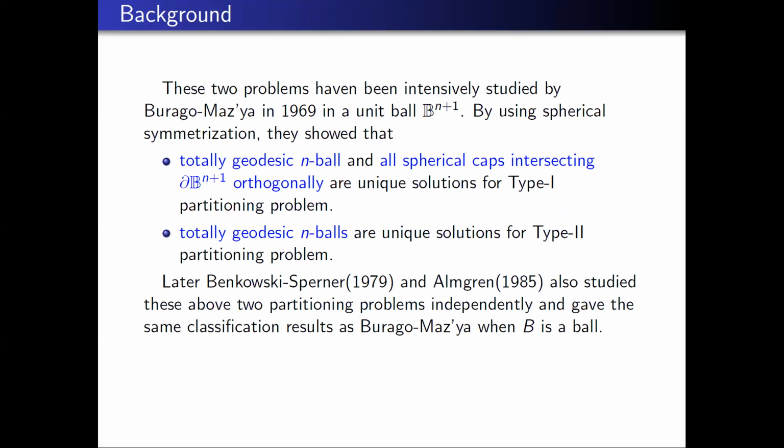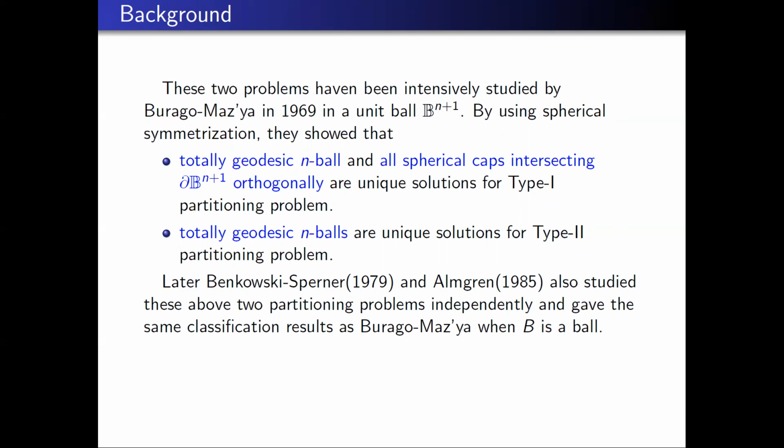The above problems have been intensively studied by Burago and Maz'ya in 1969 when B is a ball. They use spherical symmetrization to show that totally geodesic n-balls and all spherical caps intersecting the unit sphere orthogonally are the unique solutions for type 1 partition problem.